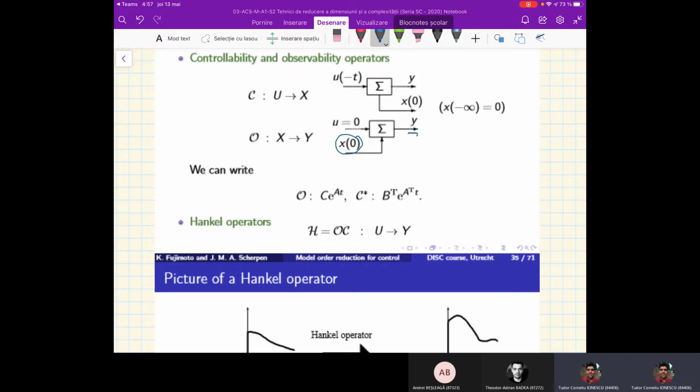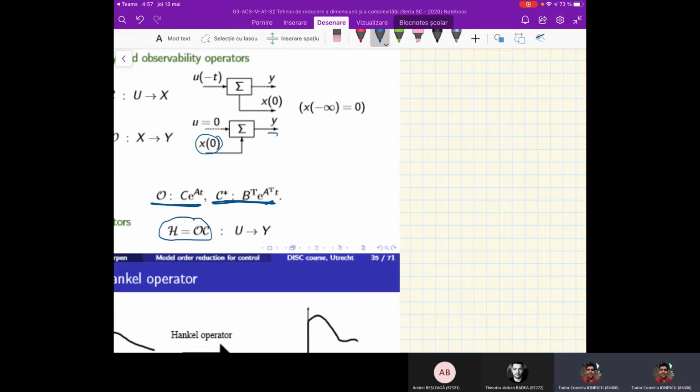This is the observability operator, and this is the Hermitian of the controllability operator. You note that the Hankel operator is the observability operator composed with the controllability operator. Why? Because the controllability operator takes you from input to the state, and from the state to output you get the observability operator.